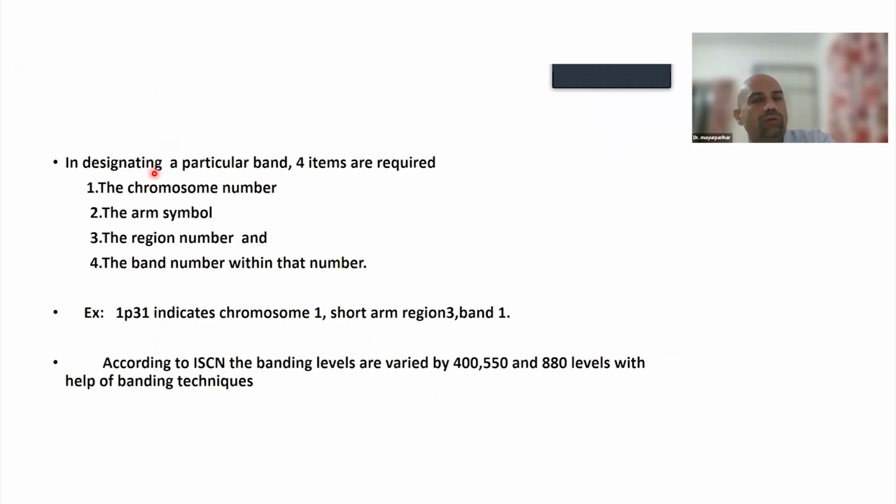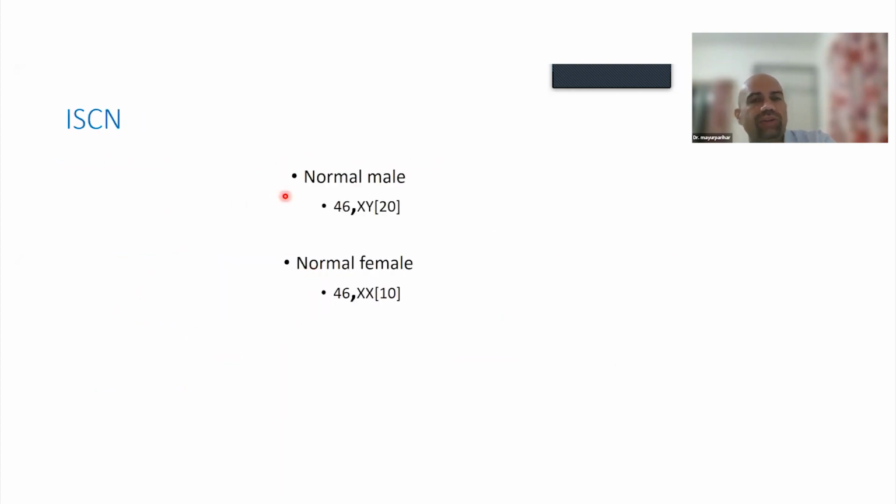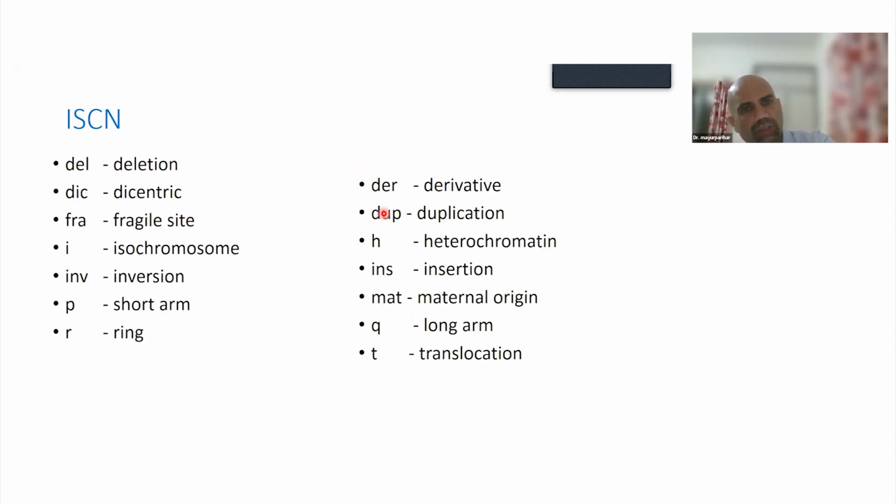So whenever we talk about a band, we first write the chromosome number, then the arm symbol, the region number, and the band within that region. So 1p31 indicates chromosome 1, short arm, which is p, region 3, and band 1. We do have banding pattern ideograms, which we follow. When we are doing our reporting, we look at the ideograms and see which bands are involved. And whenever we report, in the square brackets, the number of cells that are showing a specific karyotype are mentioned.